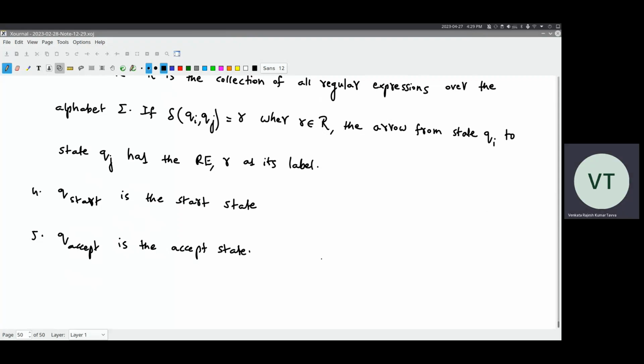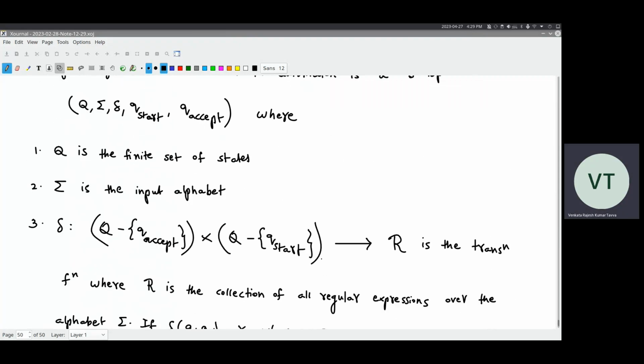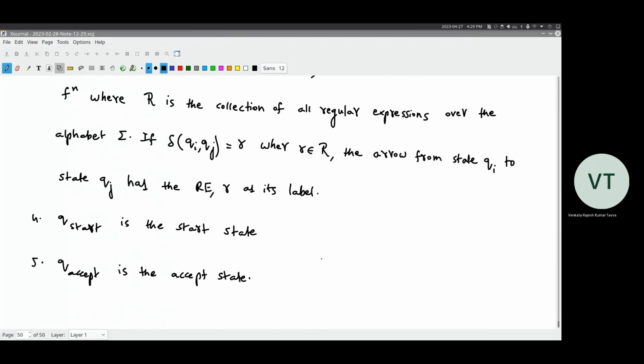Okay, any doubts? Yes, no, see, 5 arrows, yes, from that you will have a 5 arrow to the final state.